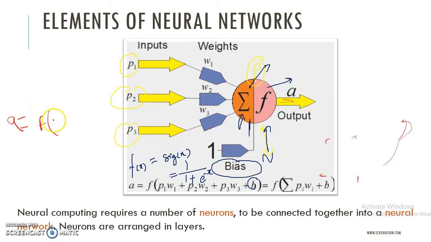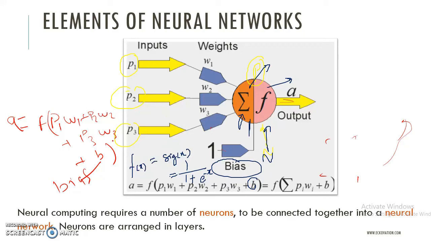So the weighted sum here is P1 W1 plus P2 W2 plus P3 W3 plus B. As clearly mentioned, B is the additional term that we can add. This B is also called the bias, which influences the whole function and its output.